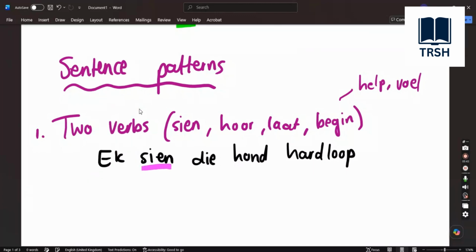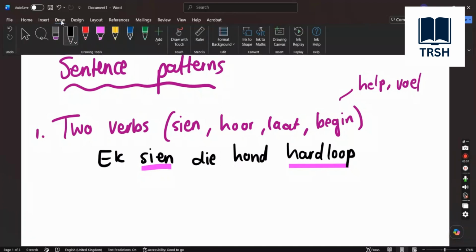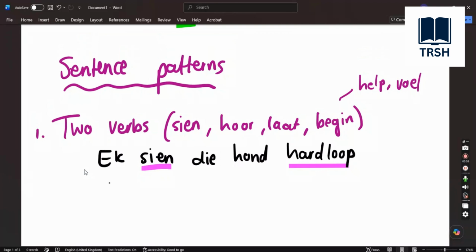We have sien, which is this one, and then we have hardloop. So now we have one verb together with another verb, which is sien, hoor, laat, begin, help, or voel, which in this case is sien. How do we go about it? In order to write our sentence in past tense, it would be, for example, ek het die hond sien hardloop.